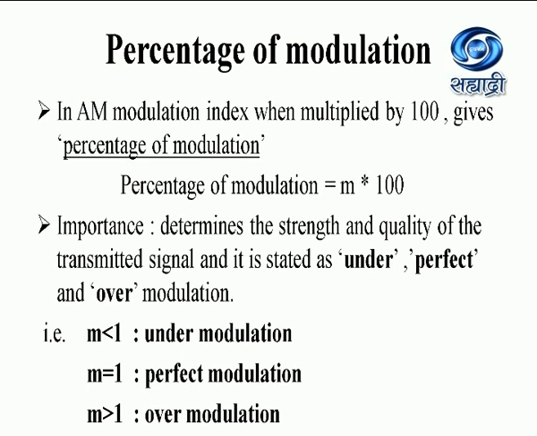It determines the strength and quality of the transmitted signal, and it is stated as under, perfect and over modulation. If m is less than 1, that modulation is called under modulation. If m is equal to 1, that modulation is perfect modulation, also known as critical modulation. If m is greater than 1, that type of modulation is called over modulation.